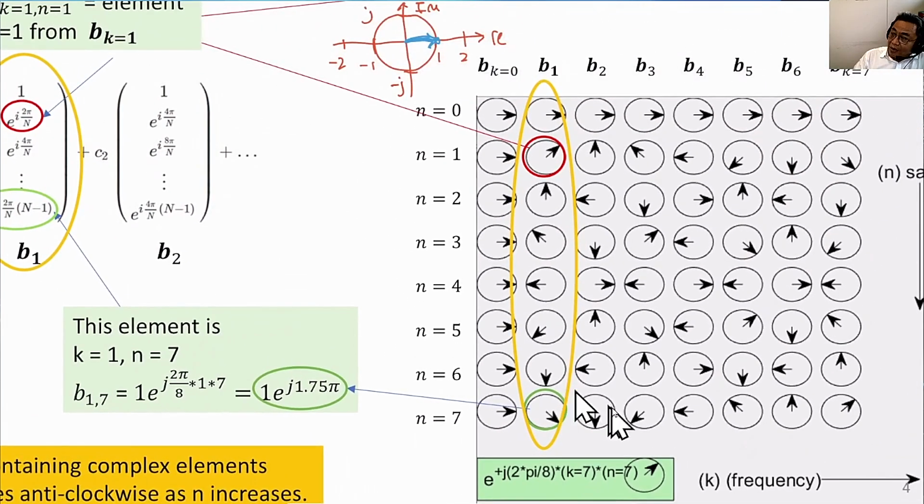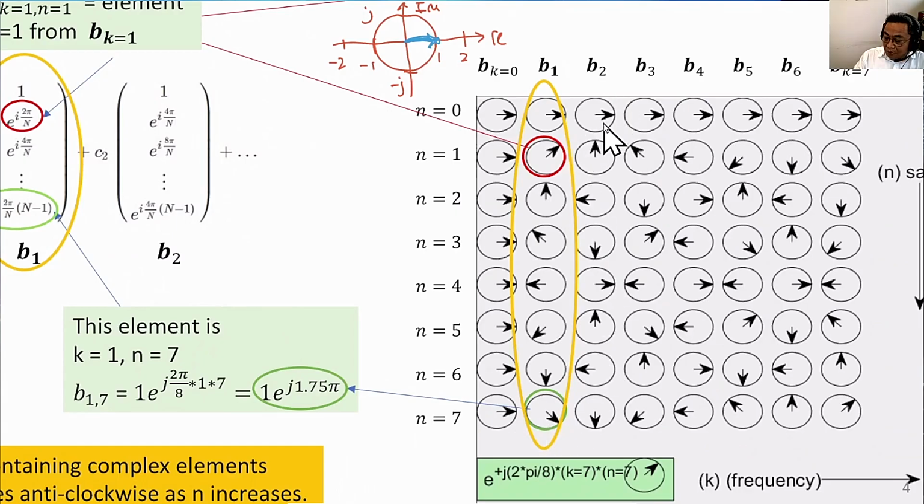So you'll see that actually the column vectors are complex phasors of different frequency. B0 is a column vector of the same frequency, or no frequency, not changing at all. B1 is a phasor that rotates anti-clockwise and takes N samples to reach 1 complete cycle.